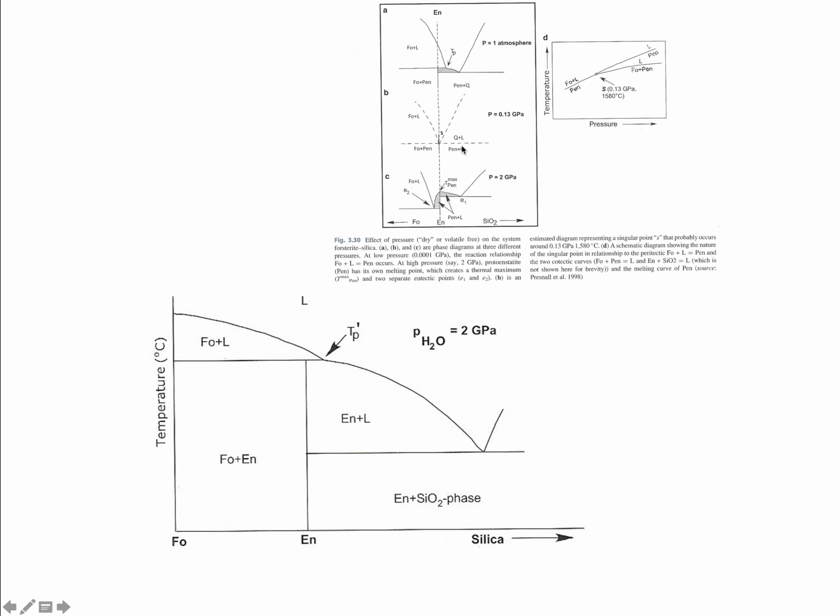Now increasing the pressure dramatically, we have a thermal boundary. We discussed this earlier today in class, the thermal boundary. We can go either to that side or to that side, reaching this eutectic point on the silica saturated side, or this eutectic point on the silica undersaturated side.